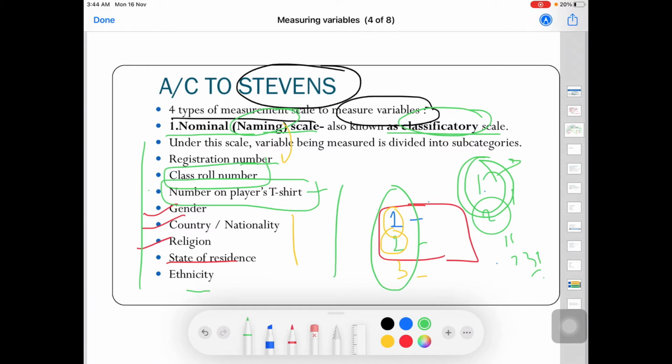Same thing goes with the cricket team. If someone is wearing jersey 1, that doesn't mean that he or she is the captain or will be the first to bat. If someone has jersey number 10, that doesn't mean that he or she is going to bowl first. It has nothing to do with ranking. It is just a way to give them numbers for our own convenience. I suggest you remember these few examples and you will be very much capable of memorizing the concept.